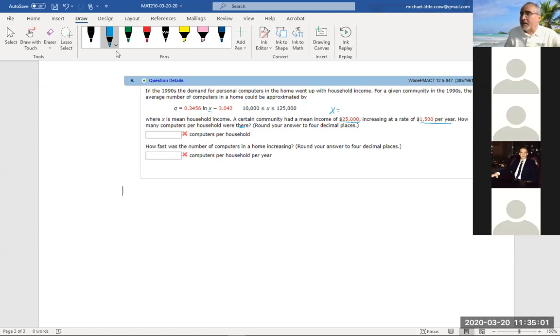So to find this part, we just plug that in for X. For what we're going to call the A part, you simply take the formula, and I write natural log as a script because it's really a function. So all we're going to do is plug the 25,000 right in here for X.